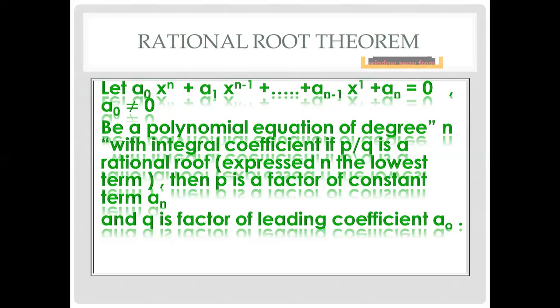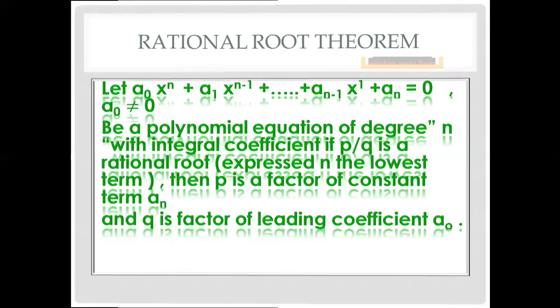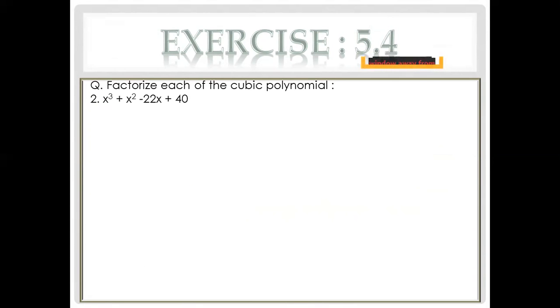Exercise 5.4, here we have 8 questions. Factorize each of the following cubic polynomials by factor theorem. We have already done two types of cubic polynomials in 5.2, but they were formulas and we applied their formulas. Now we see that each and every question of this exercise cannot be solved by any formula, not a cube minus b cube, nor can we use a plus b whole cube.